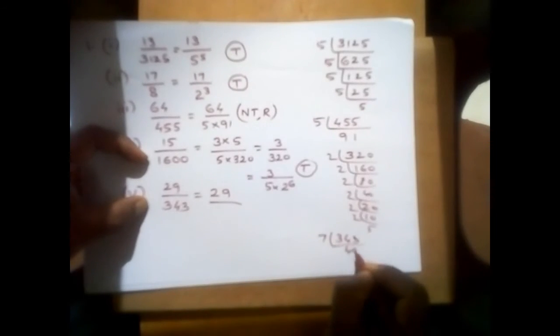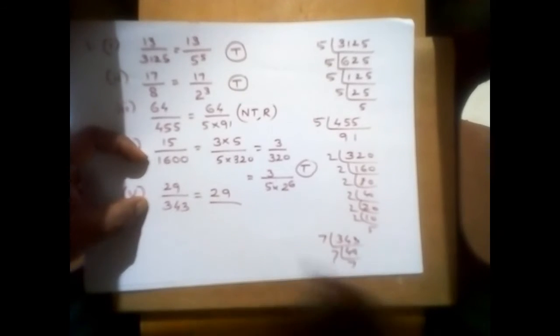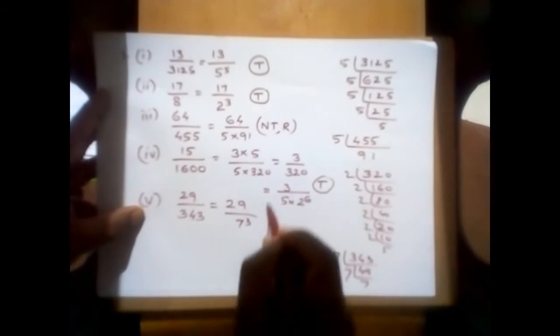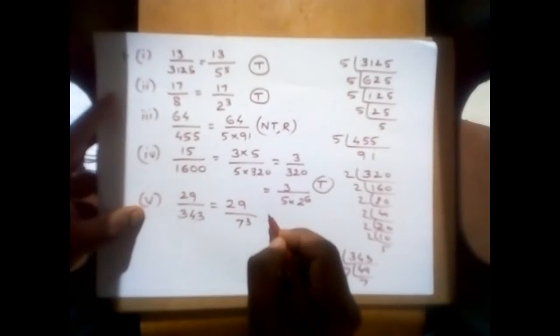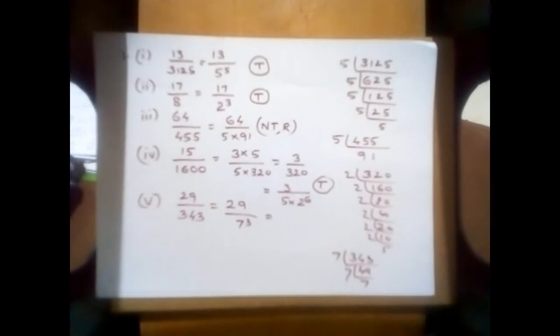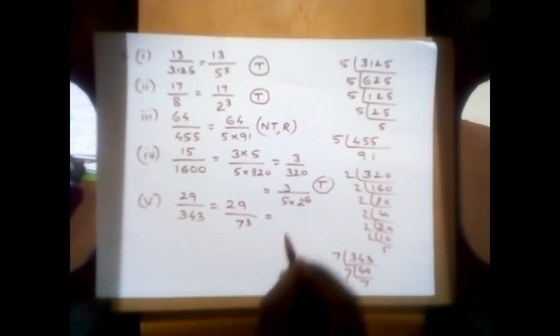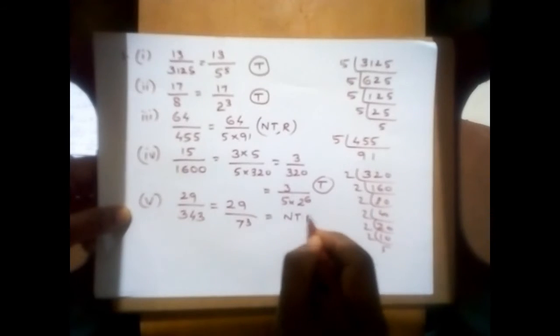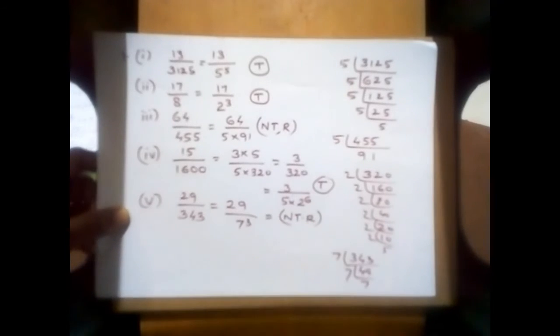So 7, 49, 7 and 7. So 7 raised to 3. So this is not of the form 2 raised to n into 5 raised to m, but it is a rational number. So it is non-terminating but recurring.